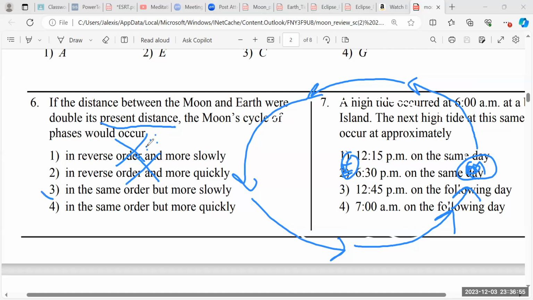However, it's going to take longer to go around the Earth, and so that's why it's choice 3. The farther you are from whatever you're orbiting, the longer it's going to take to orbit. All right, so that's something to keep in mind. So the answer is choice 3.